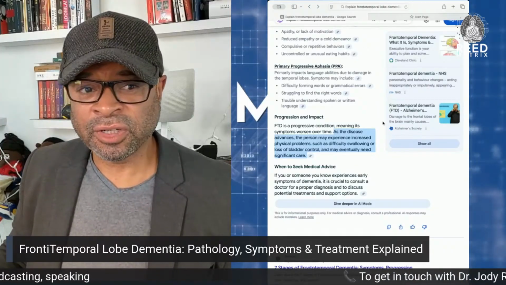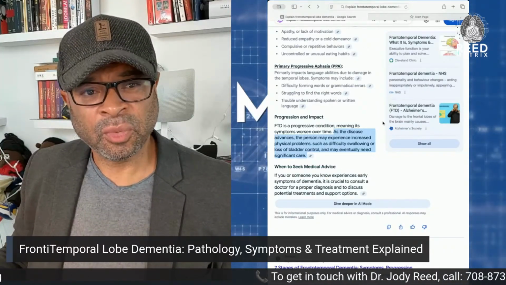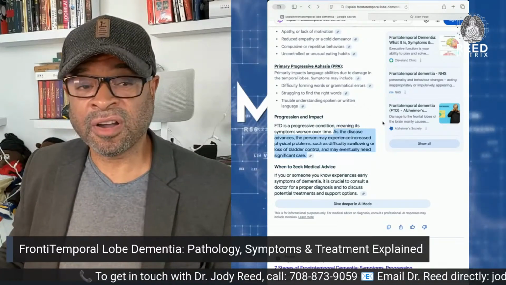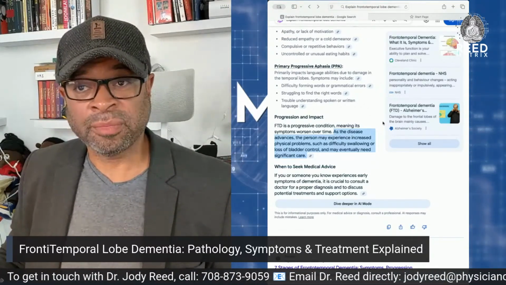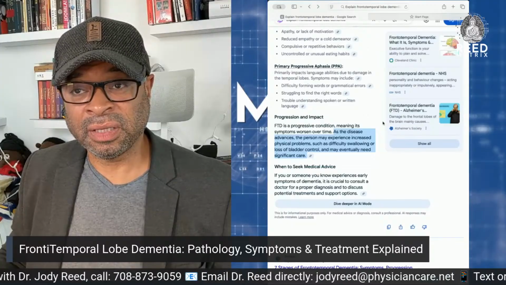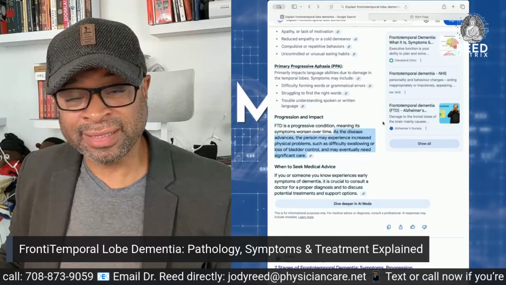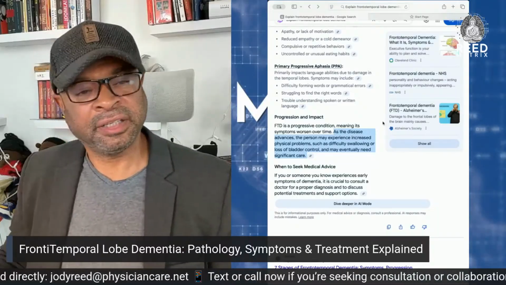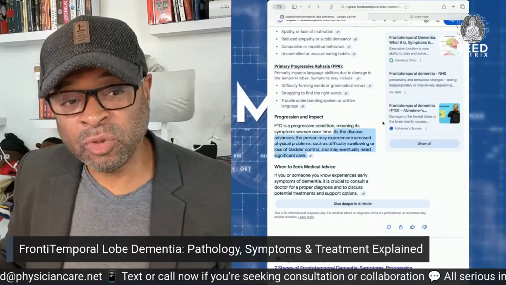That's in the early stages, so you don't really see the cognitive problems in early Alzheimer's. If you look at Parkinson's dementia, which is primarily damage to the dopaminergic neurons within the substantia nigra of the basal ganglia, it is still localized primarily to movement.